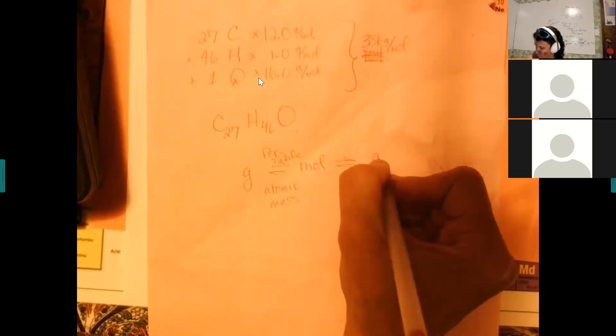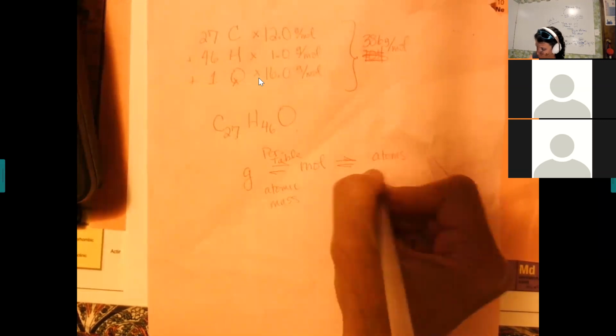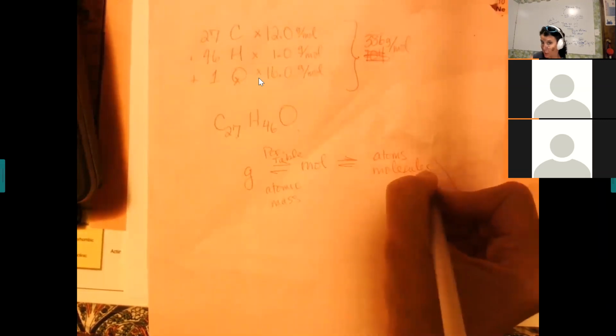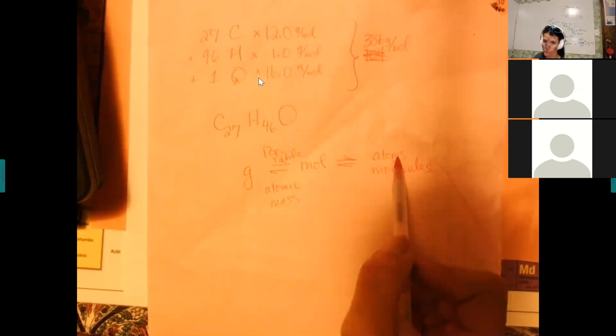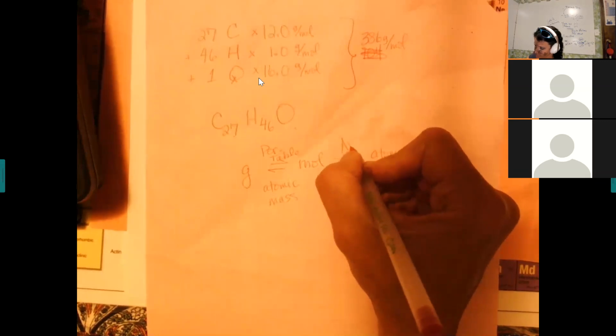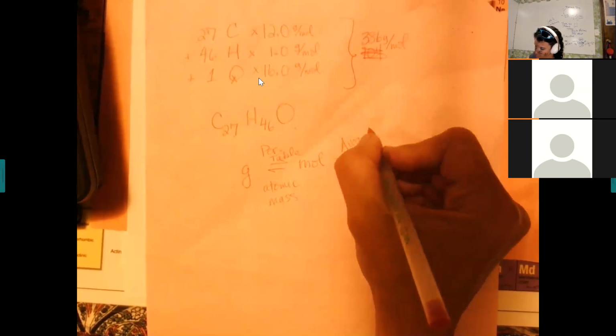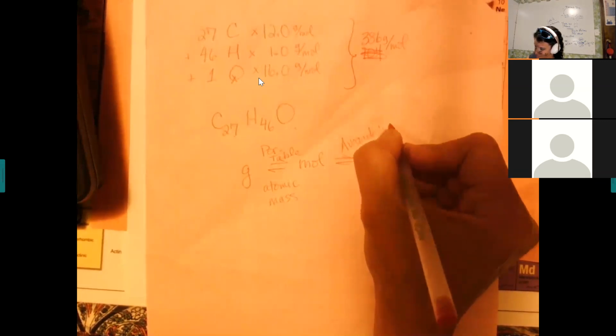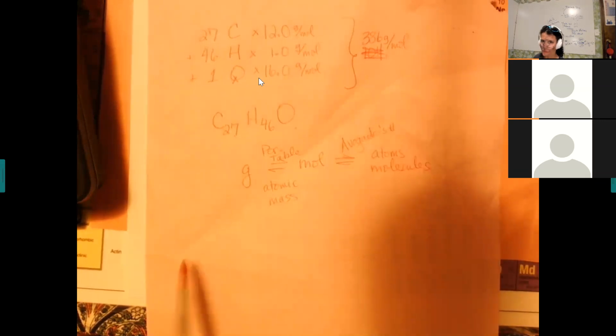And you can go between moles and atoms or molecules. So for our class, these will be the 2 terms we'll see. And that is when you use Avogadro's number. So there's all these little things like note cards and stuff you'll see online that have it like that.